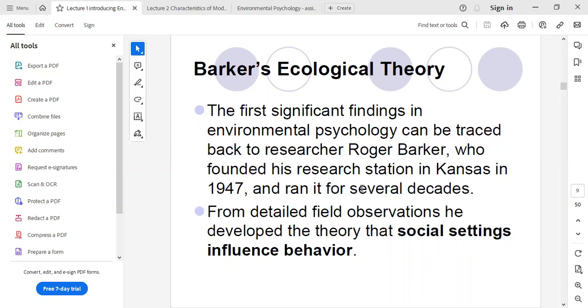He conducted many studies there. One of the theories he developed came through field observations, or participant observations. Field observations are natural observations, which are not tampered with or manipulated by the researcher. Then he wrote that social settings influence behavior.